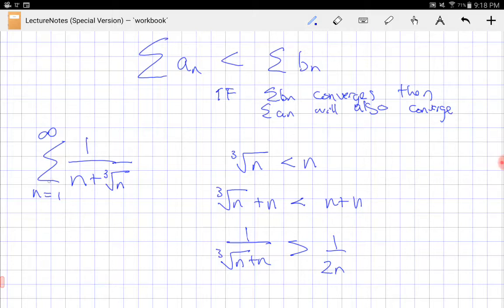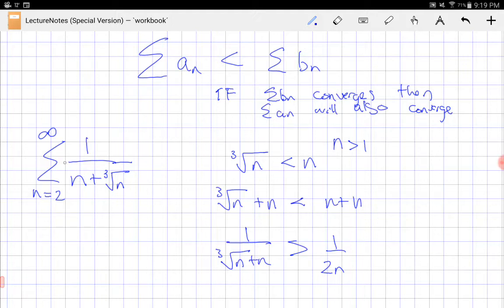The other nuance that we should know is that since this statement holds for n greater than 1, it will hold for all numbers except for 1. So realistically, if we wanted to, we could reindex and say n starts at 2, because if the series converges from 2 to infinity, then we just add one number to our finite sum, and we still get a finite sum.